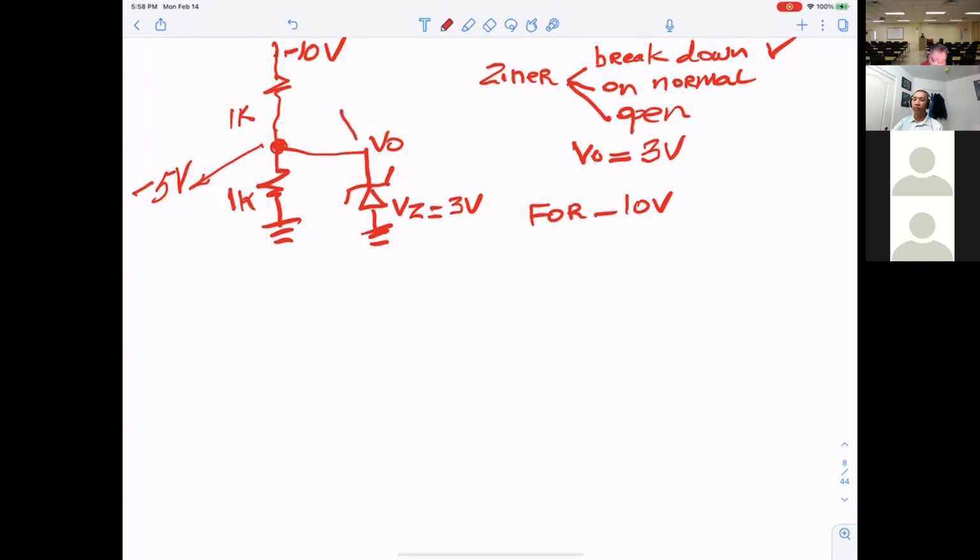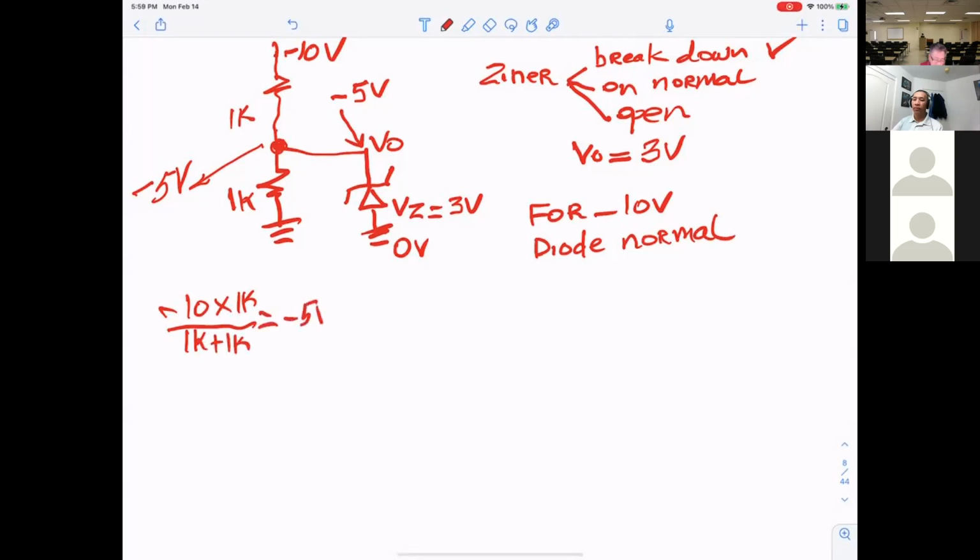That means at this point right here it is minus 5 volts, and this side will be 0 volts. So the diode will be working normal. Mr. Pham, is that because you have 0 volts minus a minus 5? You mean you take minus 10 times 1K, right. That's why you get minus 5 volts.